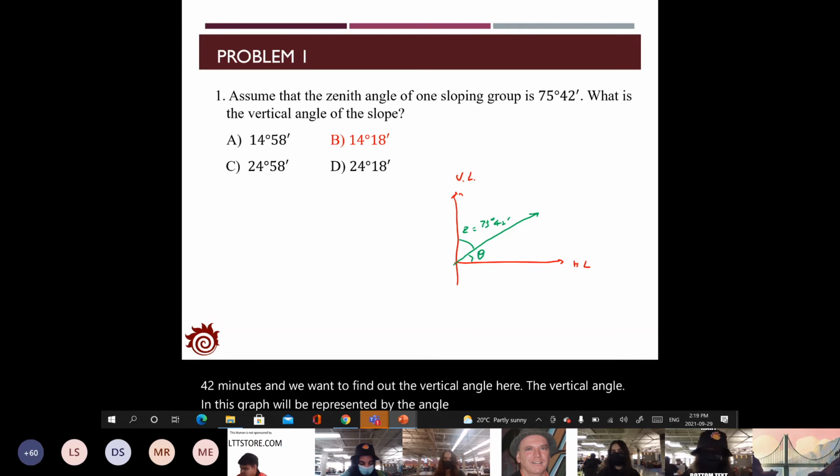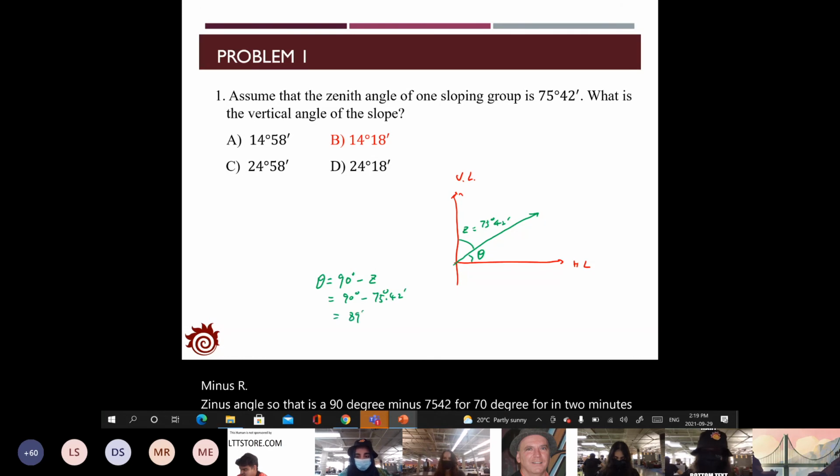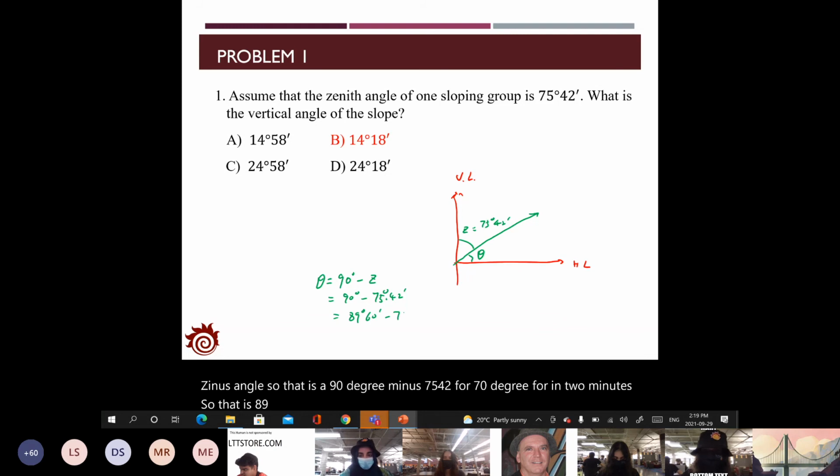And clearly you can see that the vertical angle, theta, equals 90 degree minus zenith angle. So that is 90 degree minus 75 degree 42 minutes. So that is 89 degree 60 minutes minus 75 degree 42 minutes.